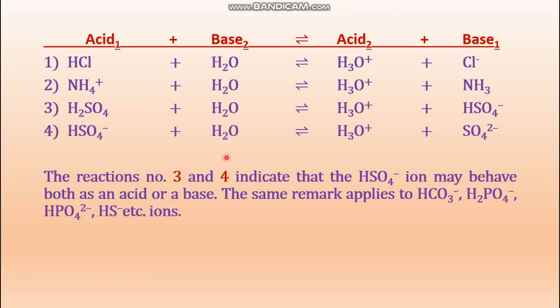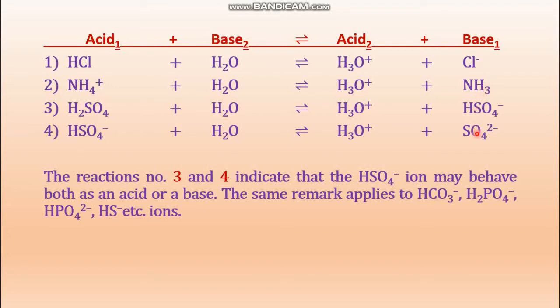So H2O in all these four examples is behaving as a base, and in every case its conjugate acid is H3O plus. Now the species like HCl, ammonium, sulfuric acid or bisulfate ion, all of them have the corresponding conjugate bases such as chloride, ammonia, bisulfate and sulfate.